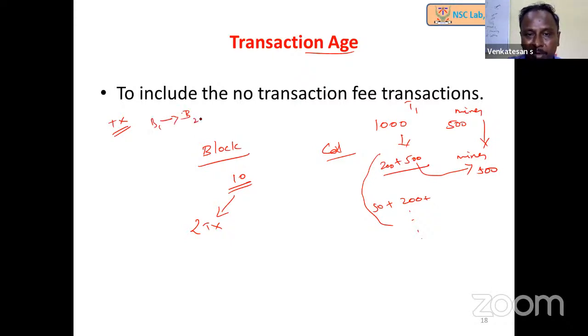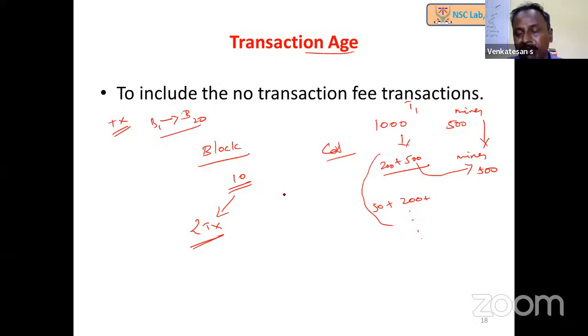So B1 to B20, and the age will be computed using an equation or a metric, whatever is given. Up to this time, the transaction is pending. After this, the transaction is considered aged, and these transactions should be taken into the block, and out of 10, a certain percentage, for example 2 transactions, should be aged transactions.